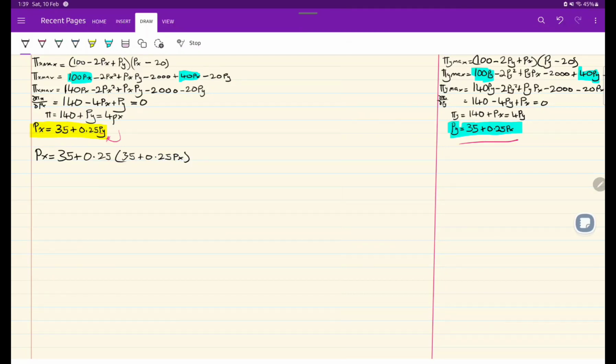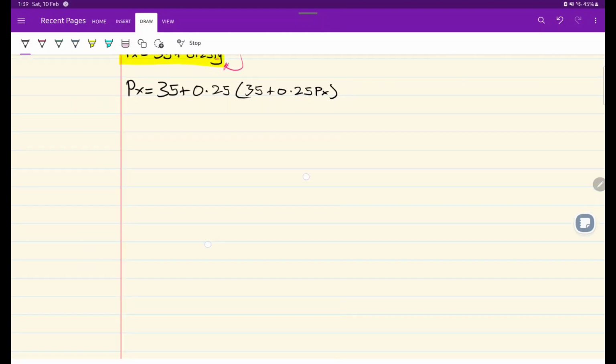Similarly to the corner model, everything is now in terms of Px, which is good because then you can solve.